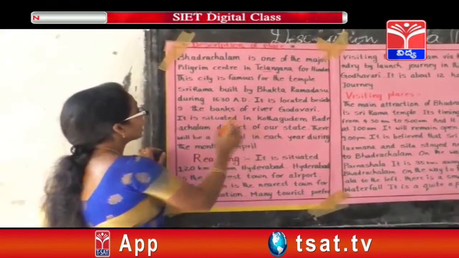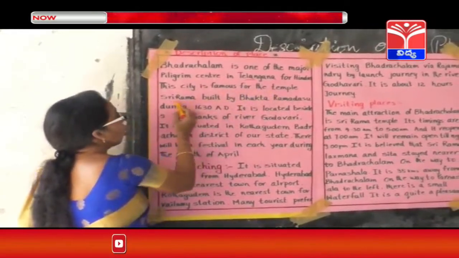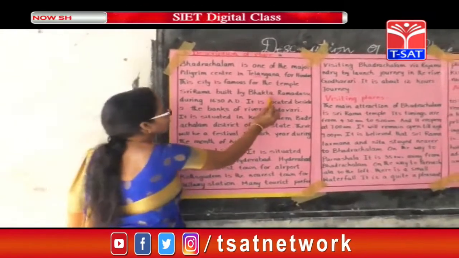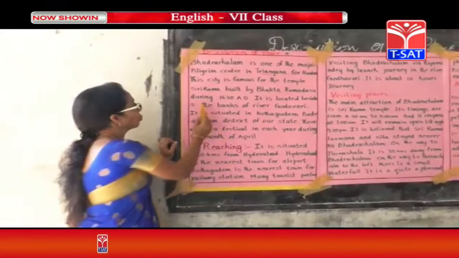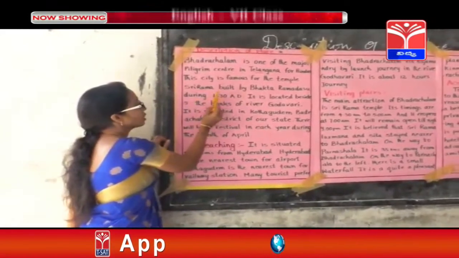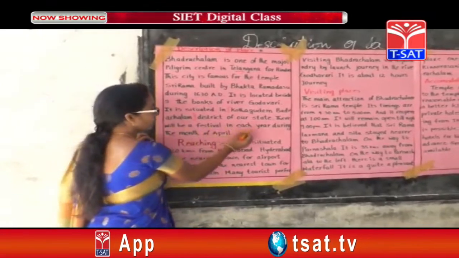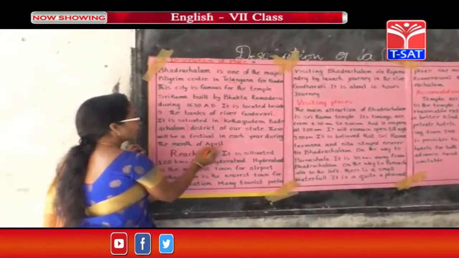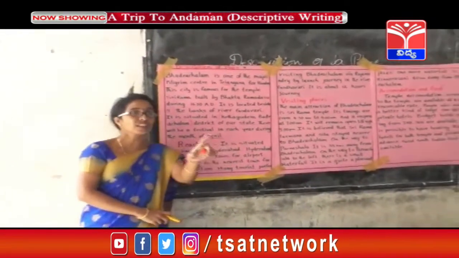And next, this city is famous for the temple of Lord Sri Rama that was built in 1630 AD. There is a festival each year in the month of April. So what does it show? Which time is good to visit the place?